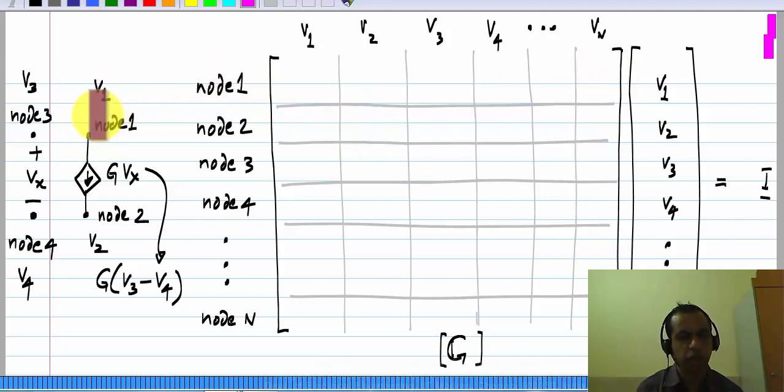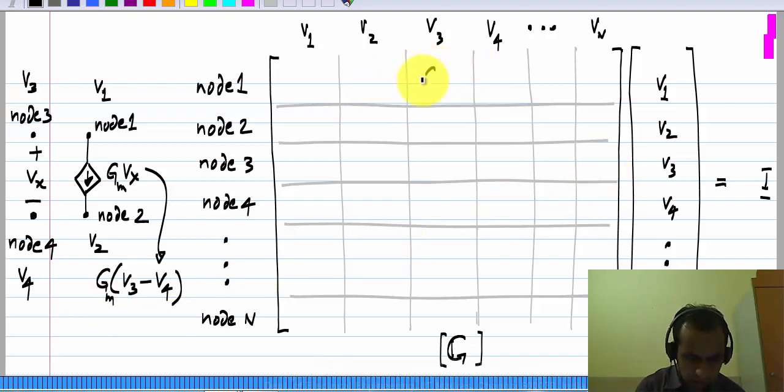First of all, the current is flowing from node 1 to node 2, which means that the equation for node 1 and the equation for node 2, these two equations contain the term corresponding to the controlled source Gm. So the current flowing away from node 1 is Gm times V3 minus V4.